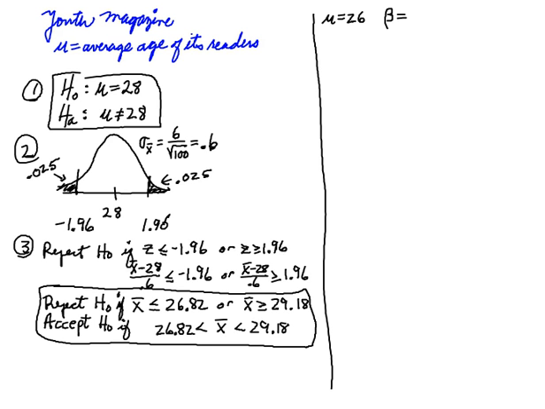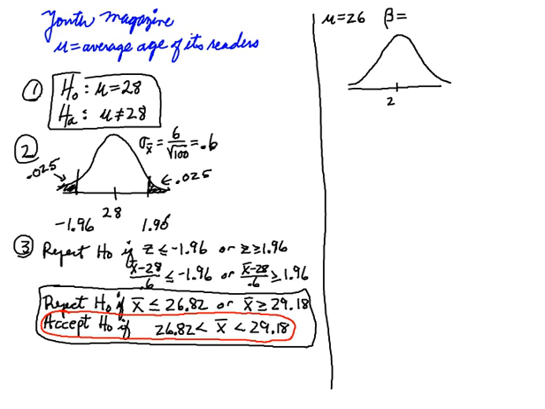Well, the only way I'm going to accept the null hypothesis is by getting a sample of size 100 and the sample average being somewhere between 26.82 and 29.18. If the real average of the population turns out to not be 28, but 26, what's the probability of that happening? So let's see.